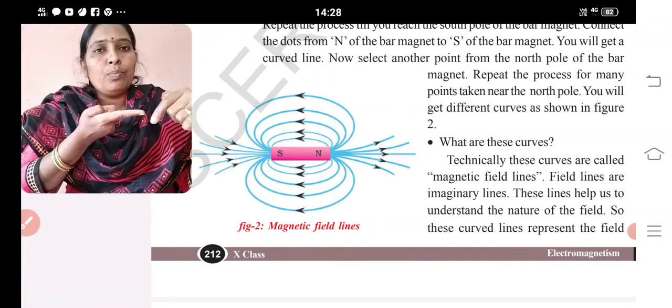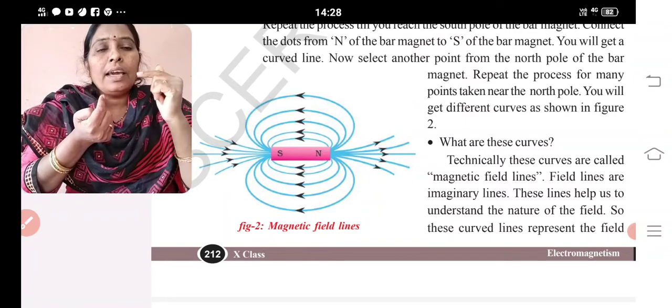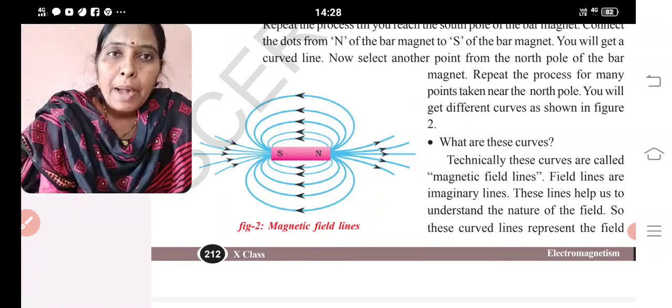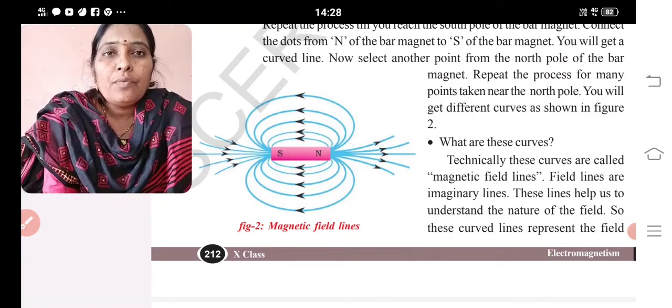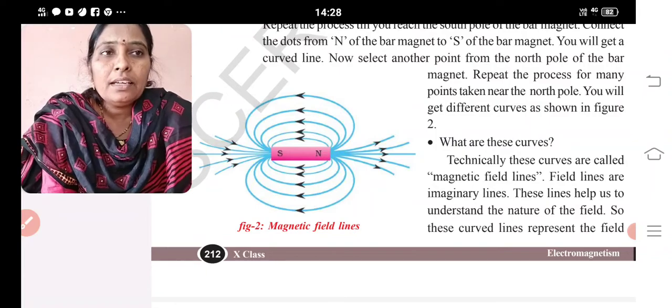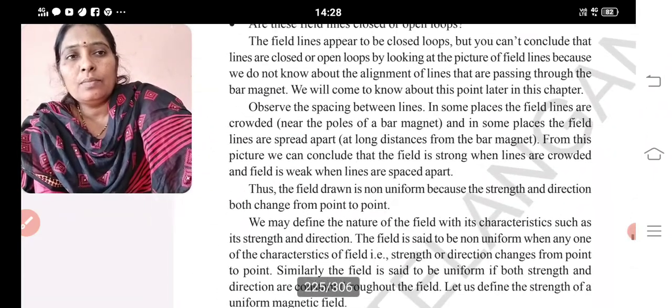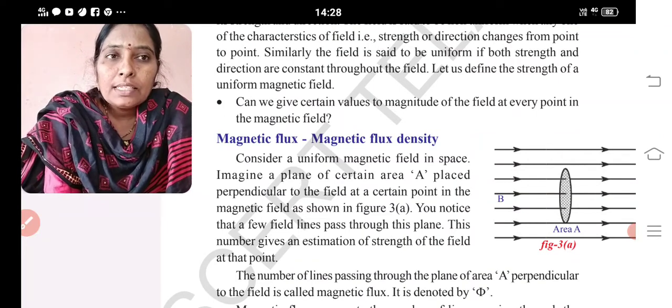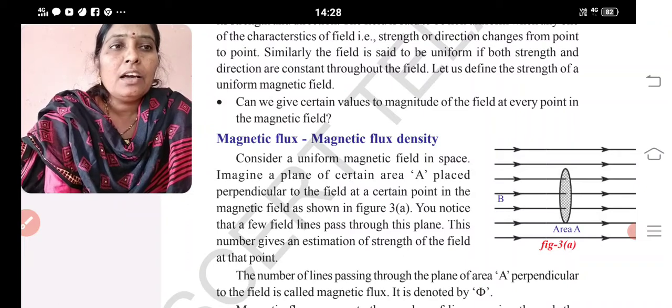Again a curve to that point. So if we join all the lines, it gives this figure. This shows that the magnet shows its power in the form of lines. It is said to be magnetic lines. Next comes magnetic flux. If a line or a flux is passed through a particular area, then it is said to be a magnetic flux.